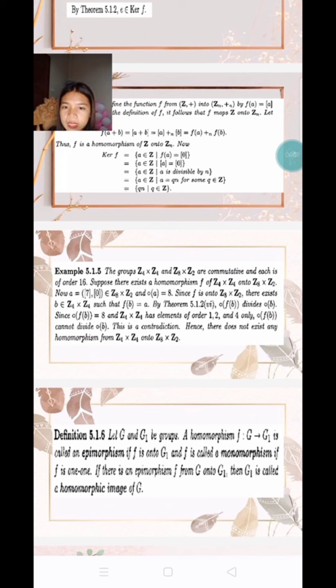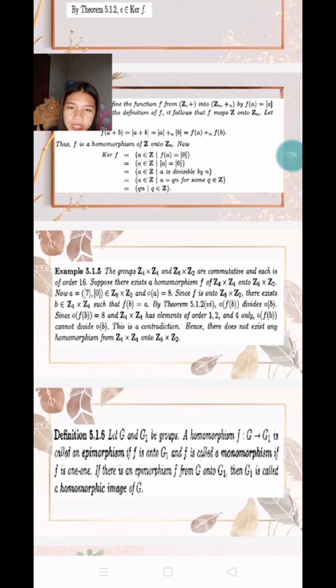Now A is equal to (7, 0), an element of Z sub 8 cross Z sub 2, and the order of A is equal to 8.